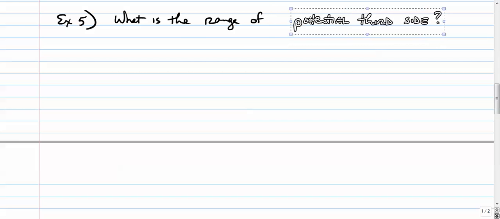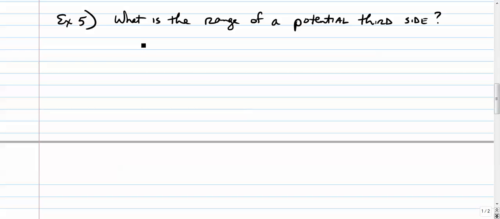To figure that out, all you're really doing is using these same ideas. So if I give you one side is 9 centimeters and one is 20 centimeters, you need to come up with a range of the potential third side.